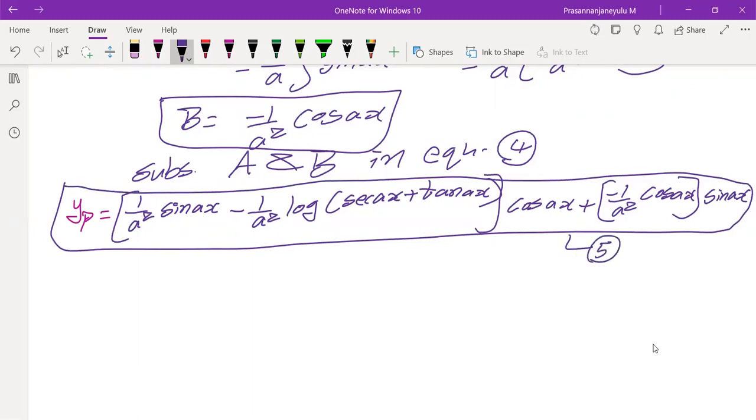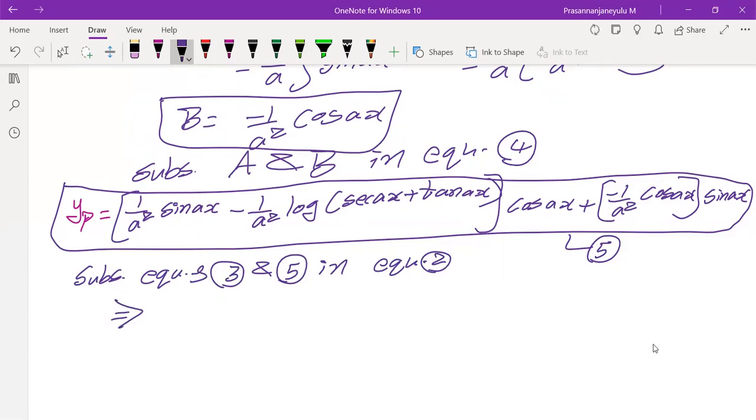What is the next step of the procedure? Substitute equations 3 and 5 in equation number 2. What is equation number 2? y equals yc plus yp. Then we'll get y equals our final solution.